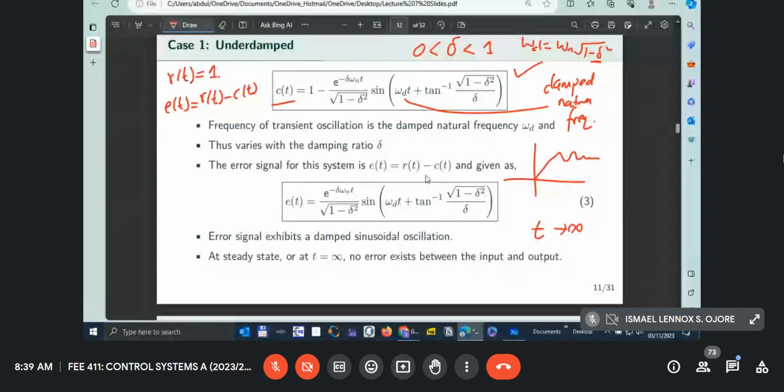So at steady state, or when t tends to infinity, e(t) equals 0, and the output follows the input.